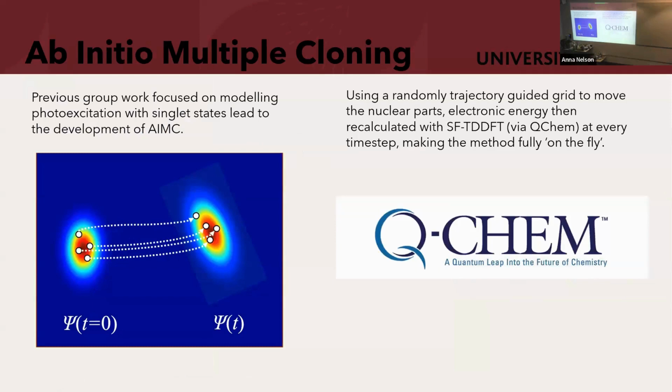Initially, our group developed methods for running singlet states, so photoexcitation, this sort of thing, and it led to a method called ab initio multiple cloning, which we use for many different photodissociation simulations. The idea is that moving from singlet state to triplet state shouldn't really be that big an issue at all.